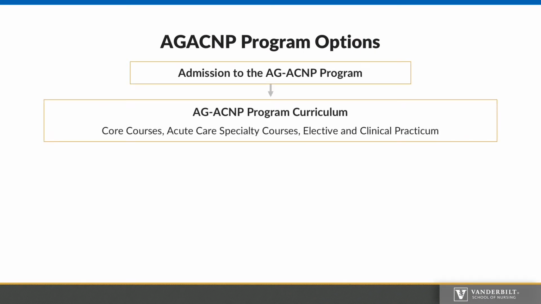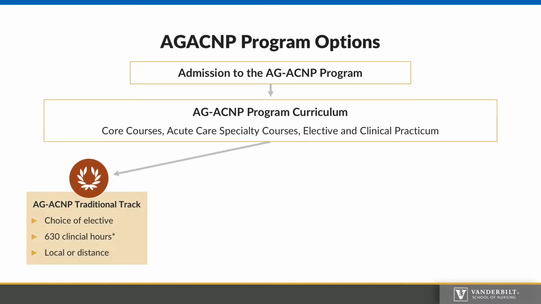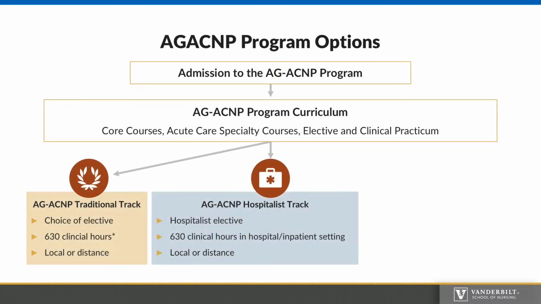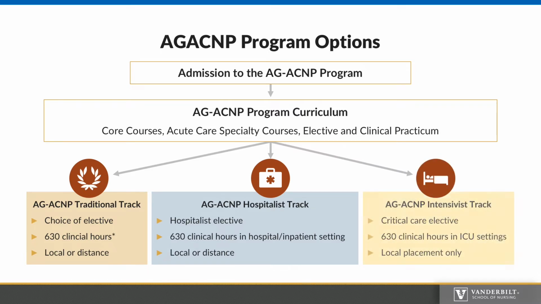All students will take core program curriculum requirements as indicated in the AGACNP home website. Students have the option of specializing in one of three tracks: the intensivist track, the hospitalist track, or you can stay in what we call the traditional track. The hospitalist track, which is what we will focus on today, starts in the spring semester.